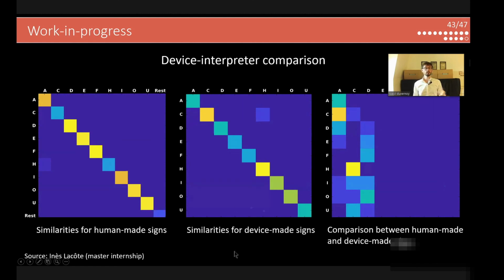So there is almost no mistakes or mismatch between the different letters. But if we compare the device-made signs with the database of the human-made signs, then we can see that there is a clear issue between the two. So the vibratory content made by an interpreter or made by the device is different.